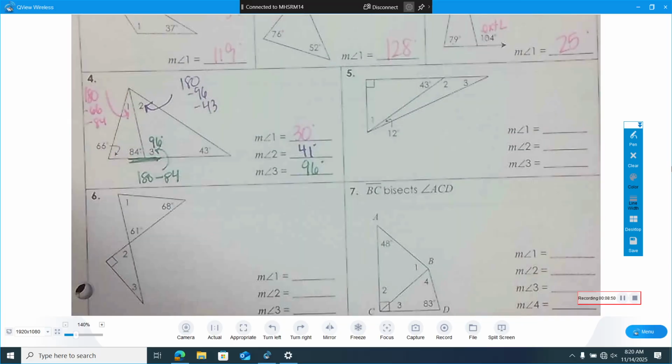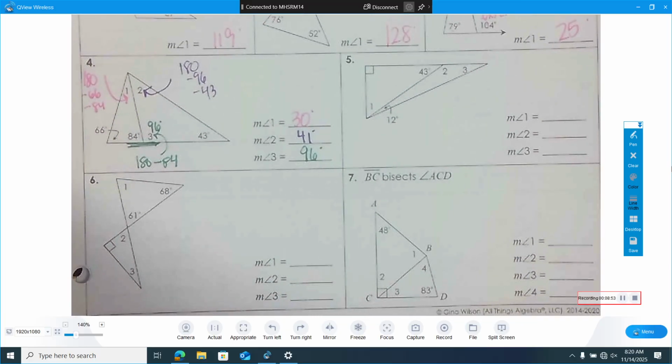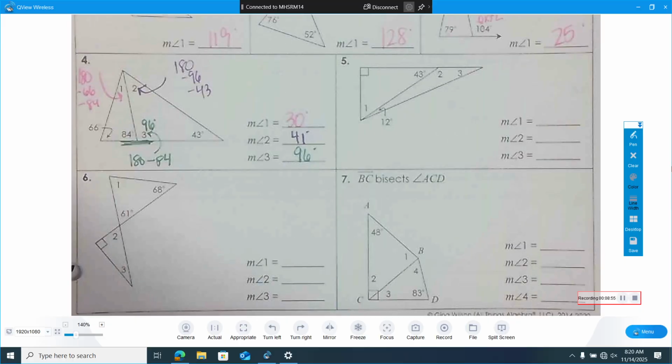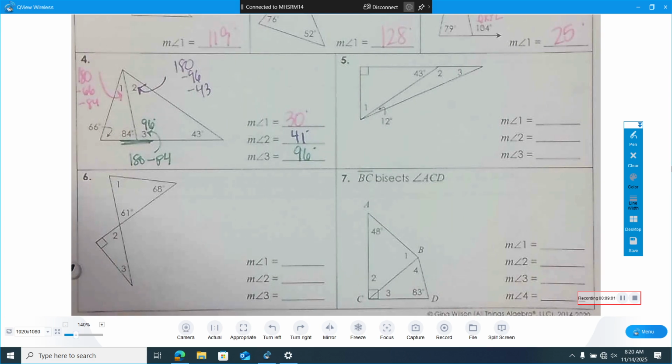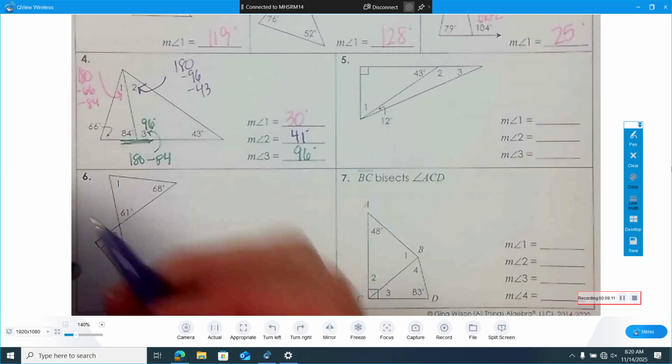Let's look at number 6. I love these, I like to call them triangle puzzles. What can you see right off the bat? It looks like an hourglass. Does kind of look like, or a bow tie. Yeah? All right, what else do we know? You see a 90-degree angle. Very good.